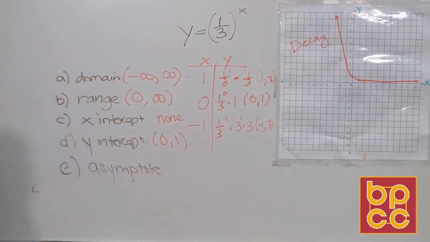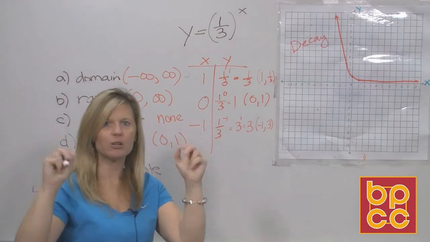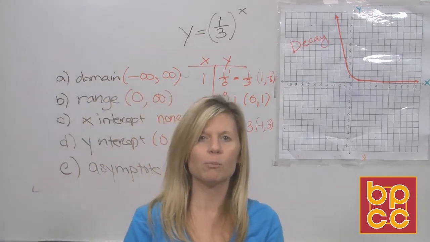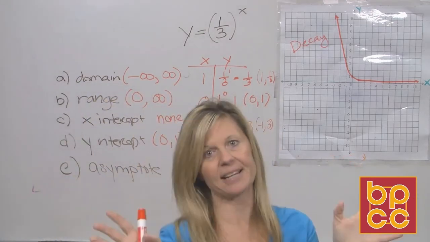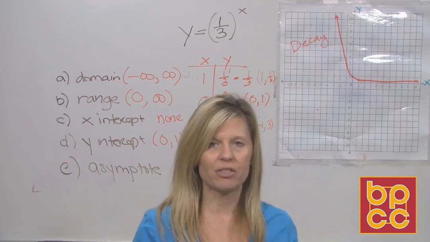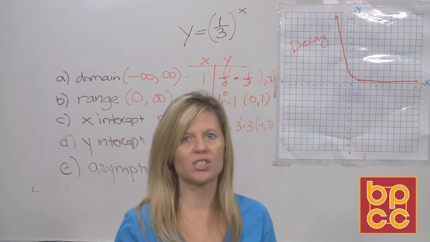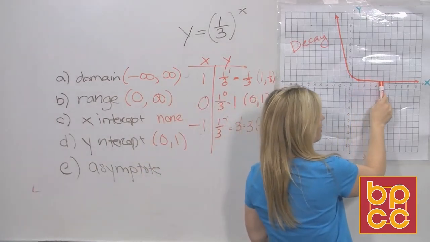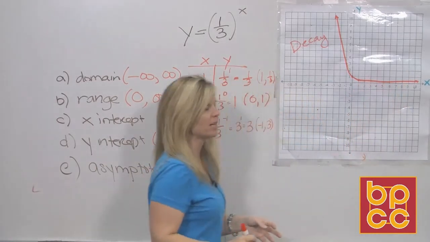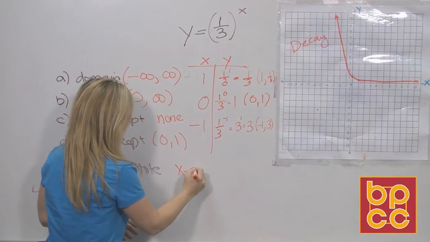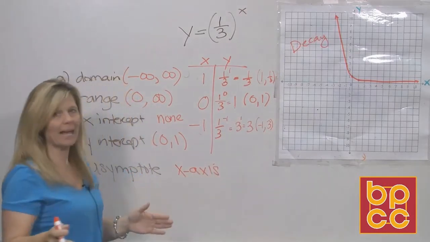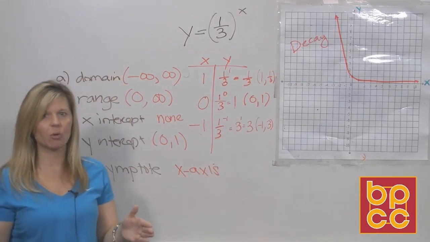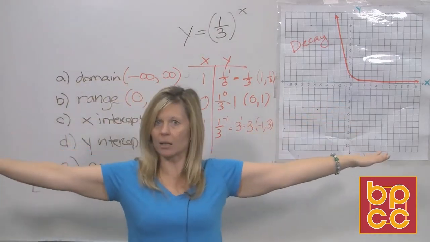Does this curve have an asymptote? There's our funny new little word. Asymptote means a line that's technically invisible that the curve approaches but doesn't touch. Your exponential curve is always going to get very, very close to the x-axis but never touch it. To write the equation of the x-axis correctly, it's a horizontal line.